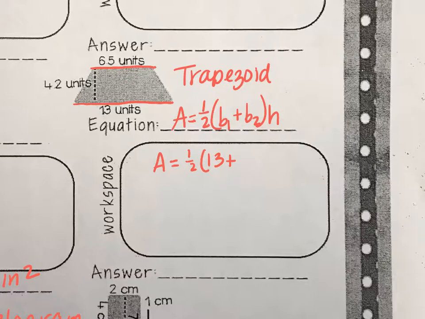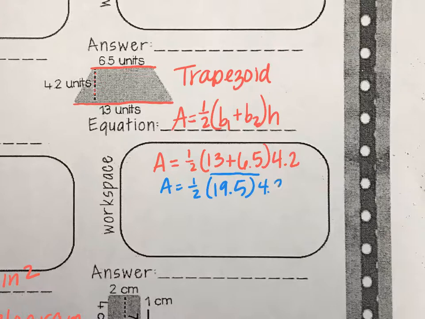Base 2 is going to be this top one, which is 6.5. And then my height is 4.2. Man, this is some ugly numbers. That's okay. So, order of operations tells me I need to do this first. So I'm going to say area equals 1/2 of 19.5 times 4.2.